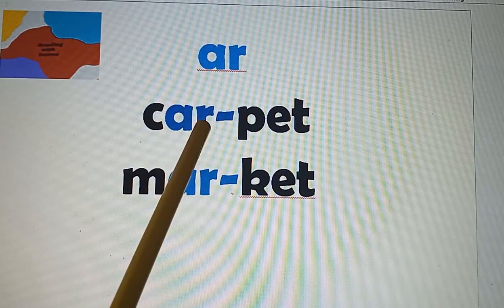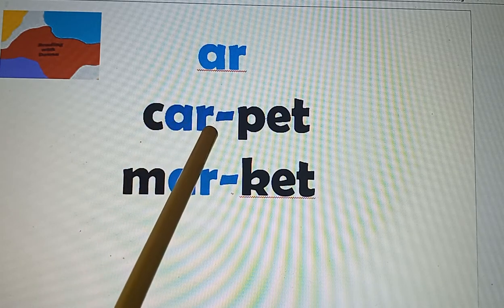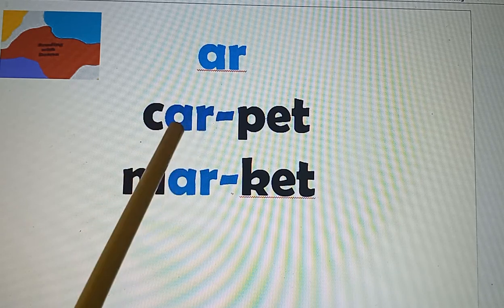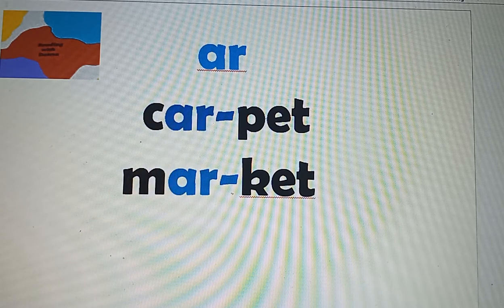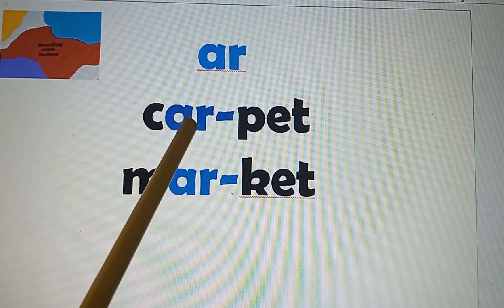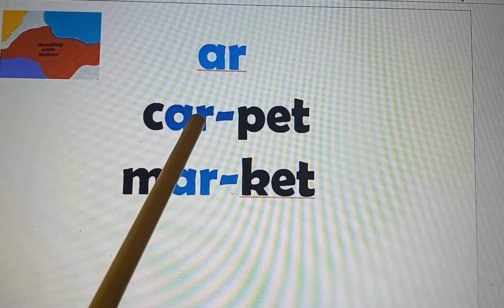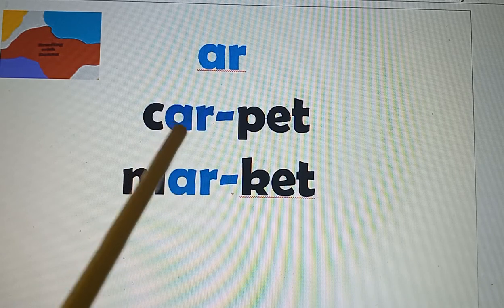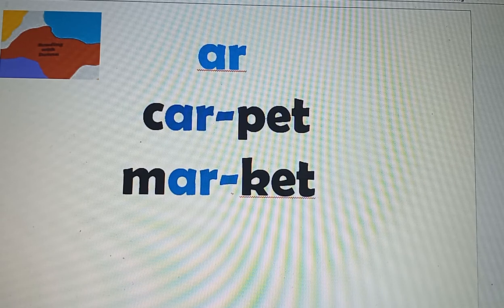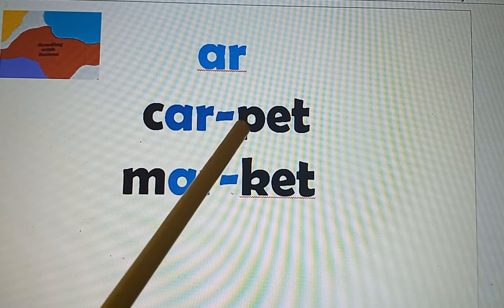K, R. We never separate the A and the R, neither the I and the R, nor the O and the R, the U and the R. Wherever you see them, you keep those sounds together. So we could not have broken this word here because we can't separate the A and the R. That's a rule there. All right, so there we have car and pet.